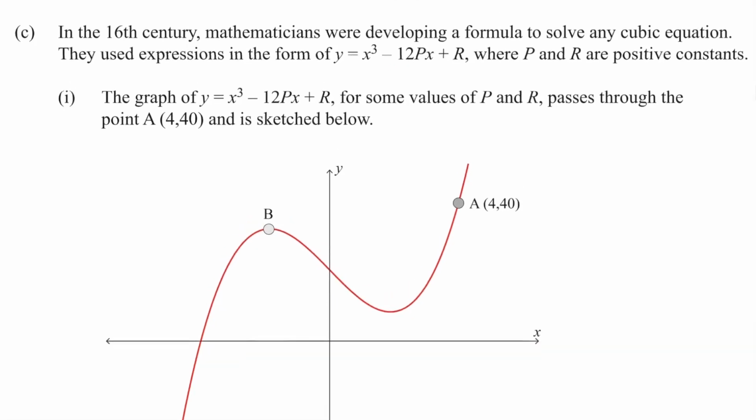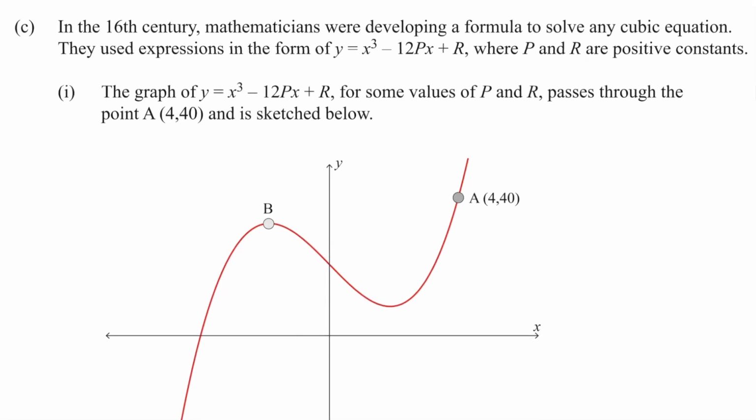And so we're given a graph of a cubic, and we're even given a point that lies on the graph, right? Point A. We don't know what P and R are, but we know that the cubic is of this form.